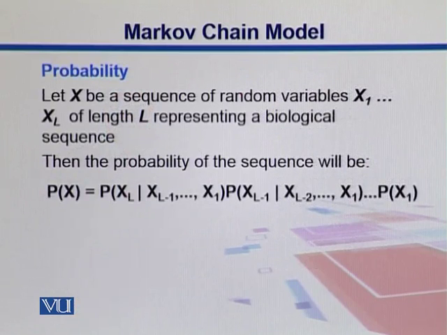So here is how we can formalize this. Let X be a sequence of random variables, X1 up till XL. Basically it may be a nucleotide sequence, for instance, with a length of, for example, 10 nucleotides. Every position in that sequence can be presented with these numbers like X1, X2, X3, so nucleotide position number 1, position number 2, position number 3, position number 4.